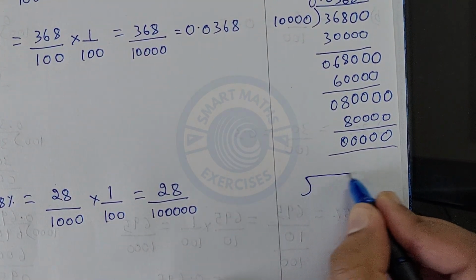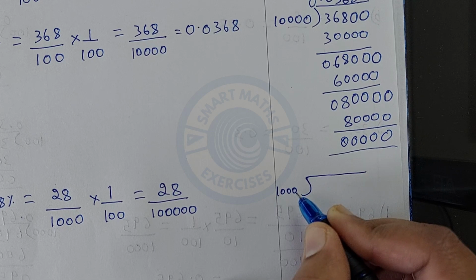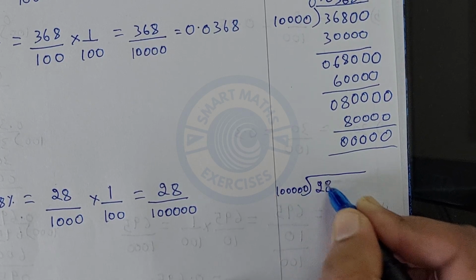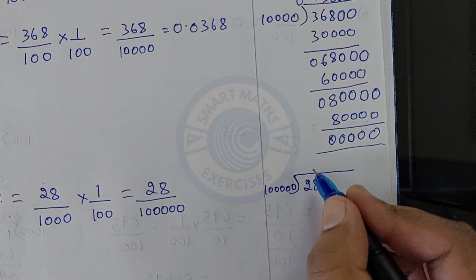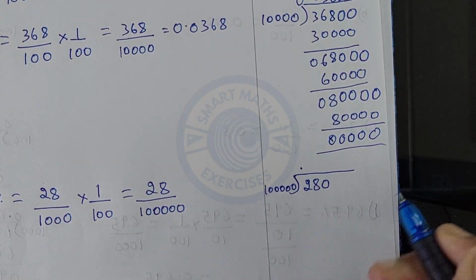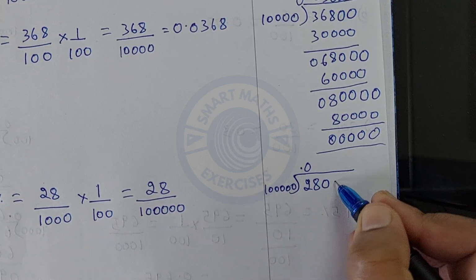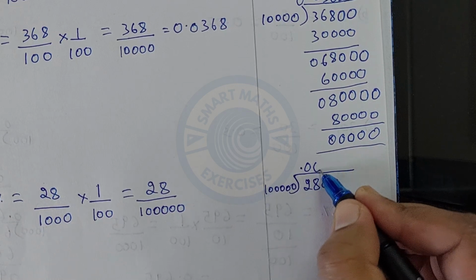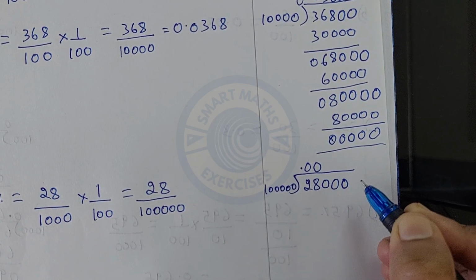So divide this 1 lakh outside and 28 inside. Now add a decimal point, add a 0. 280 is still less than 1 lakh, add a 0, add a 0 here as well. It's still less, add one more 0, add one more 0 here.